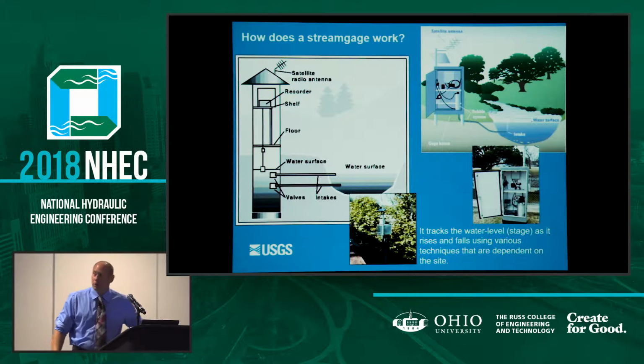So how does a stream gauge work? If you look at the picture on your left, that is actually a picture of an older stream gauge, and we've downsized since then. If you look to the right, it's actually a small traffic control box now. Basically, you have some lines that go to the stream, and those lines are connected to a sensor inside the gauge house.